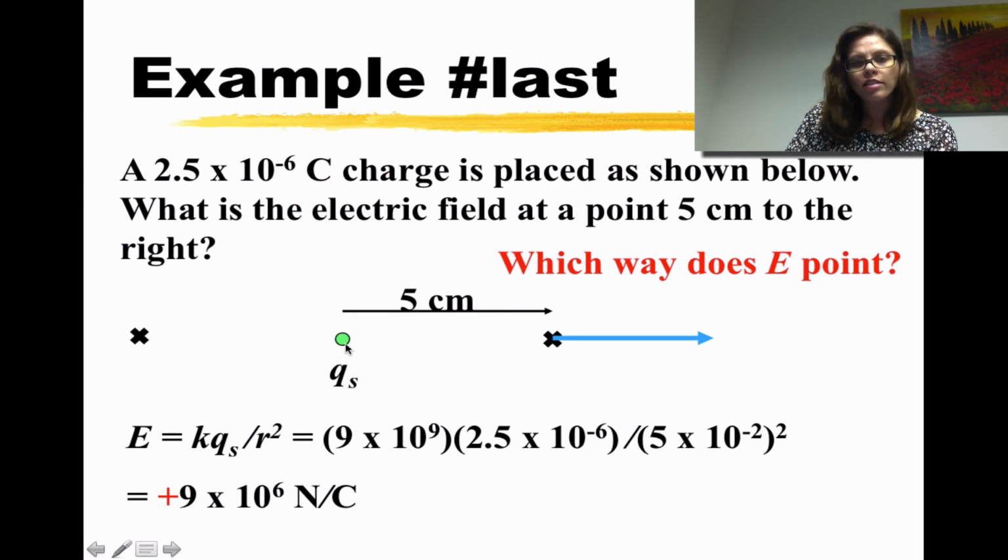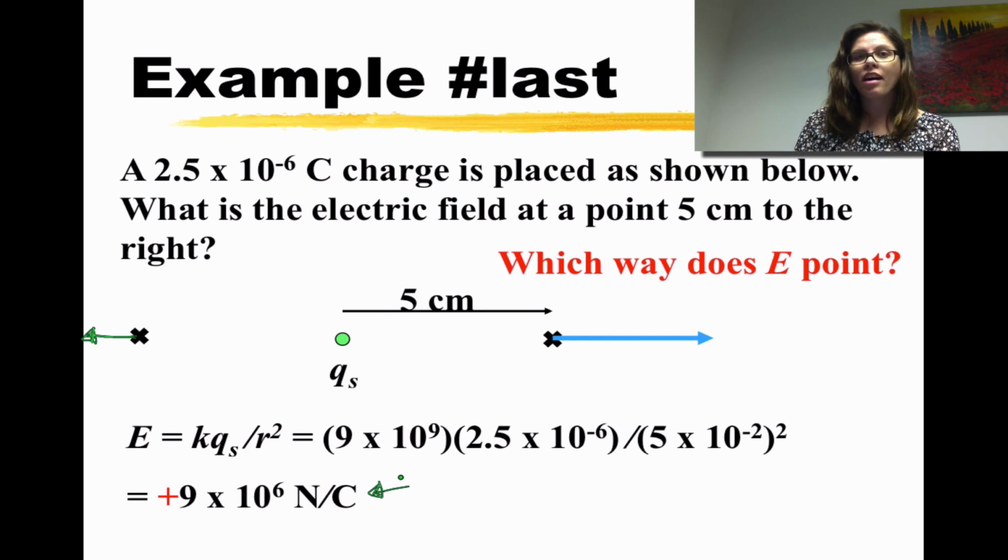It's still 5 centimeters away, so you're still going to get the same number. But the electric field is always pointing away from this positive charge. So this equation right here does not tell us anything about the direction of the electric field. You need to draw your pictures and draw your vectors out. There is no way around it.